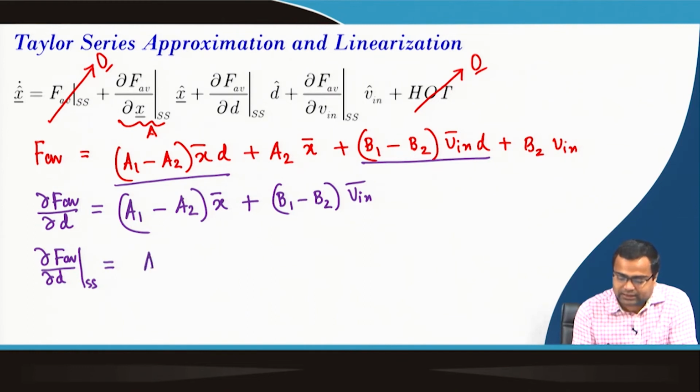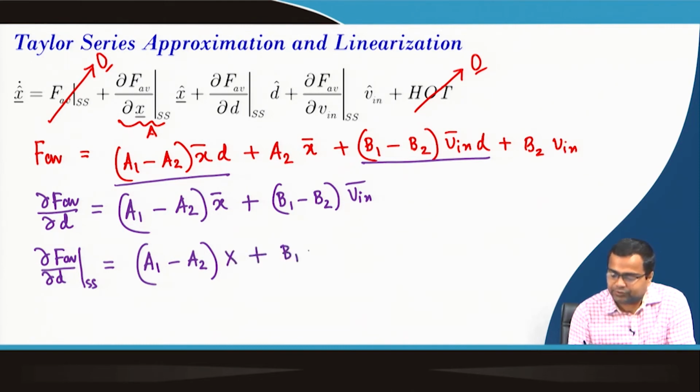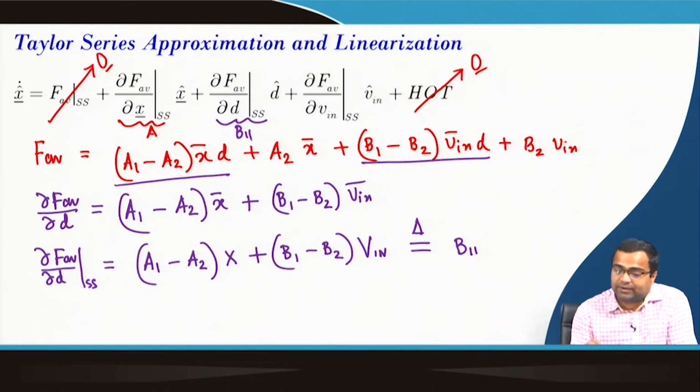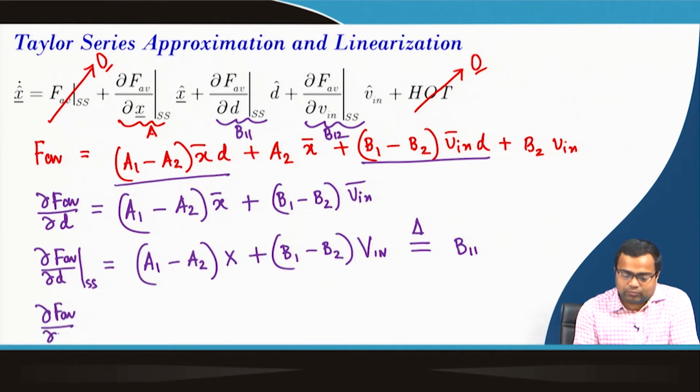So, you will find that (A1 − A2) into capital X plus (B1 − B2) into capital Vin, and this quantity we denote as B11. Now, how can we find B12? So, you can find ∂f_av/∂v_in by the same method.